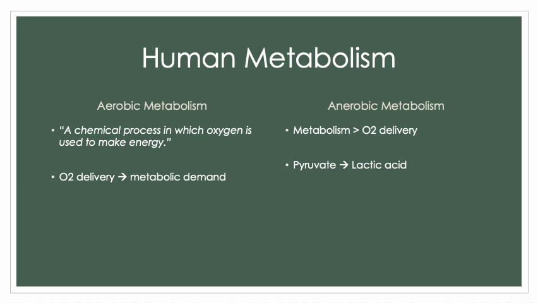And during aerobic metabolism, oxygen delivery is meeting metabolic demands. Compared to anaerobic metabolism, this is when metabolism exceeds oxygen delivery. When anaerobic, you have anaerobic removal of hydrogen and electrons from glucose and glycogen. This is matched to the rate of aerobic metabolism.